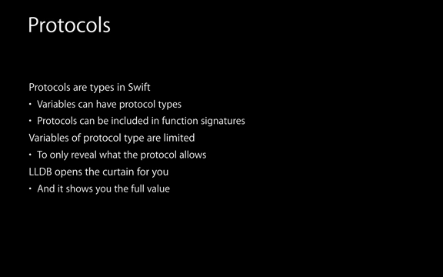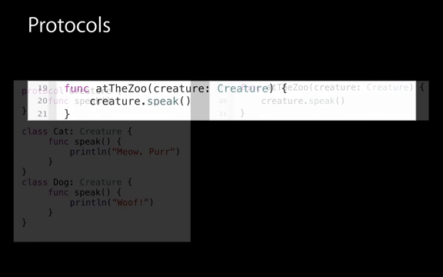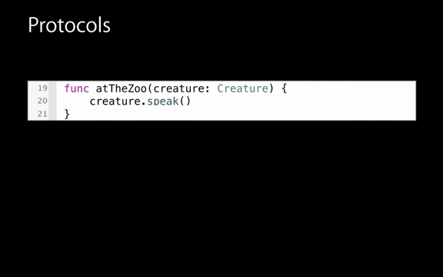Let's look at an example. Let's say I'm writing an app for a zoo system. And I'm prototyping things, so I have a bunch of creatures here. I have a cat and a dog. I don't have a dog cow yet, because it's a prototype, but I'll get there. I have a function that takes one of my creatures and asks it, could you please speak your verse for me? We can hit a breakpoint there.